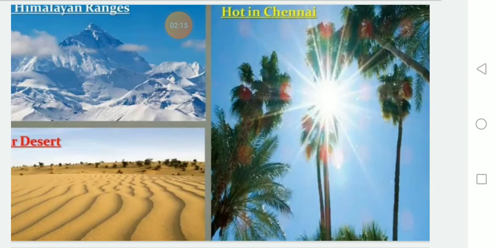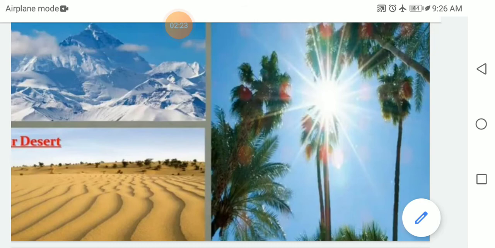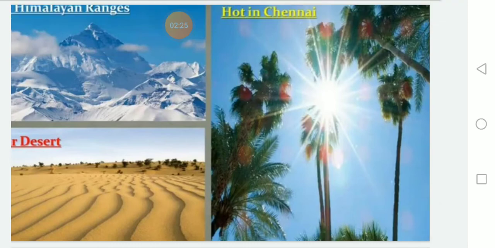So the coldness or hotness of a place is determined by the climate, and it sometimes takes decades to change, because it is the average of the weather condition of a place over a long period of time. It determines the hotness or coldness of a place.